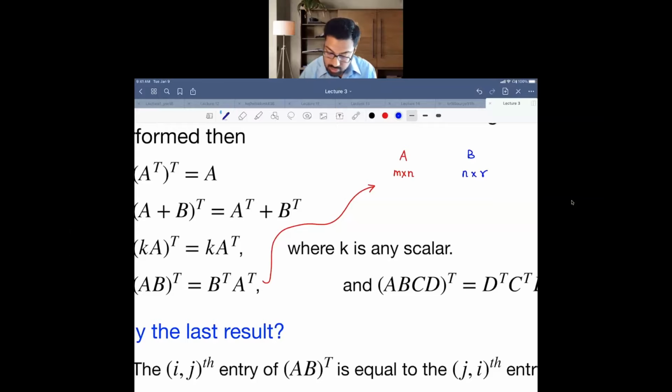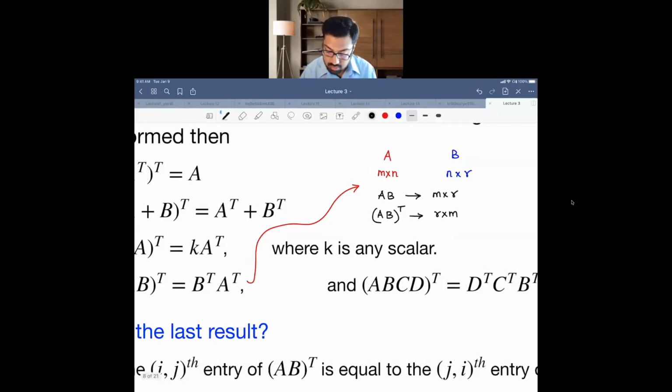If I did AB, what would be the size? Can I say it's going to be M by R, outer dimensions? And then what about AB transpose? It is going to be reversed, R by M, right?